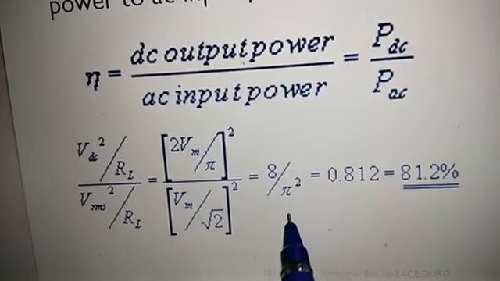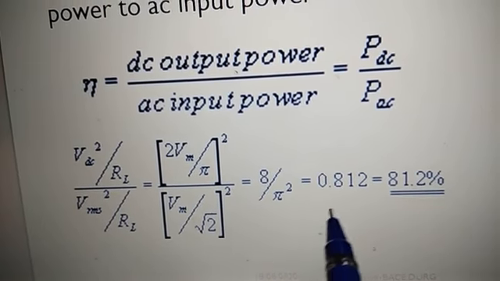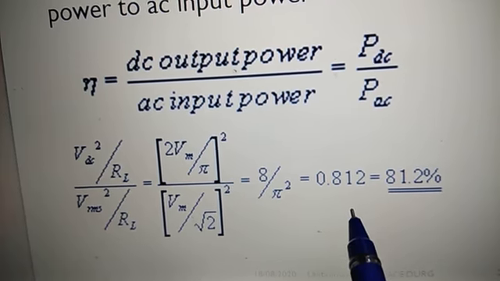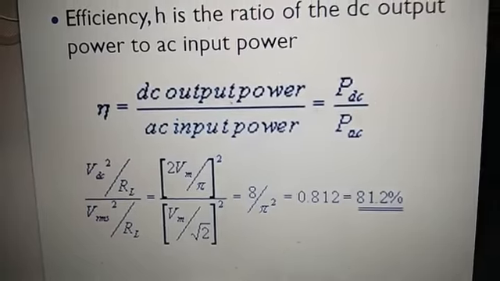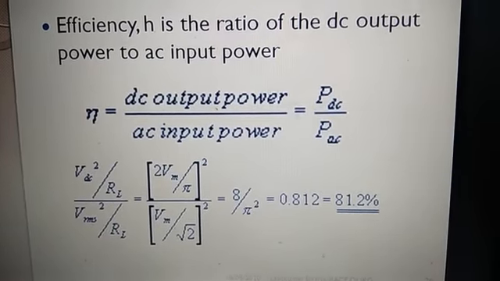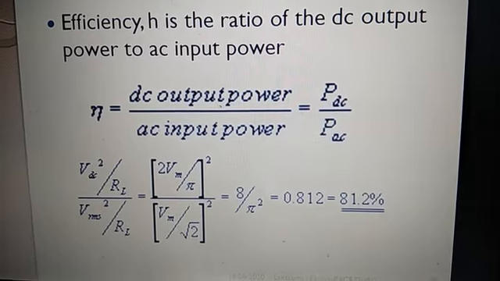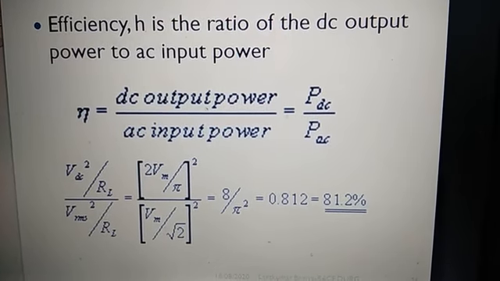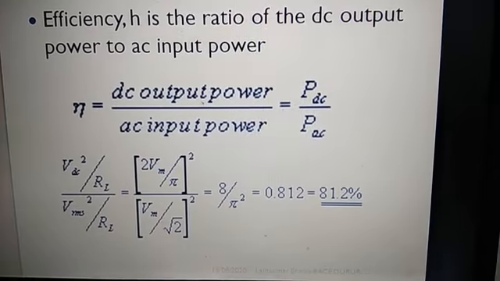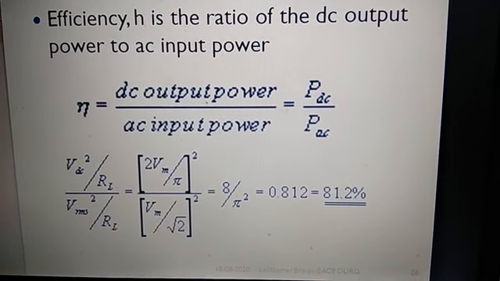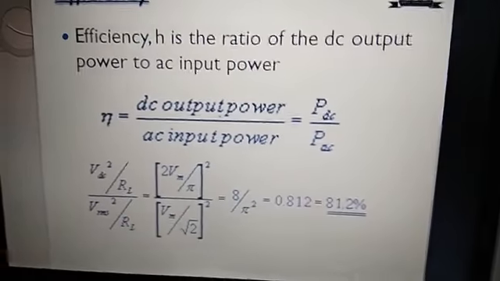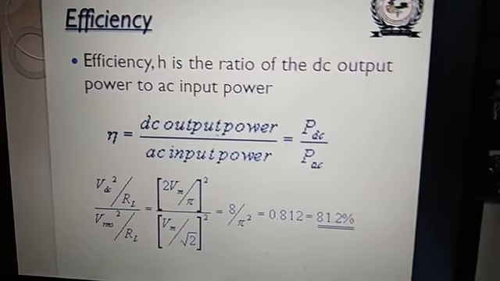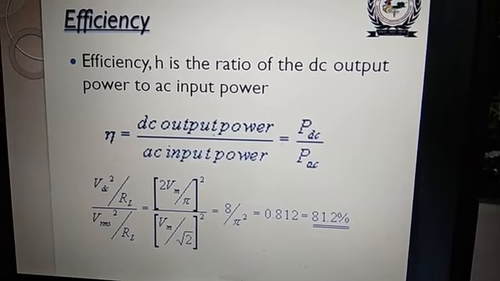You will get 8 by pi square, and this value is 0.812. That means efficiency is 81.2%. In half wave rectifier, this efficiency is 40.6%, while in case of this center tap full wave rectifier, the efficiency is 81.2%. That means it is more efficient to produce the DC output power. Hence, this rectifier is very beneficial.